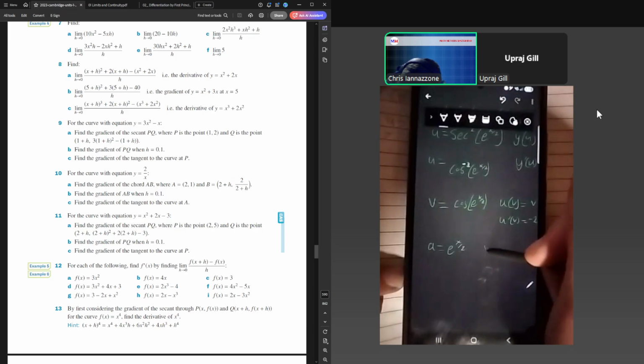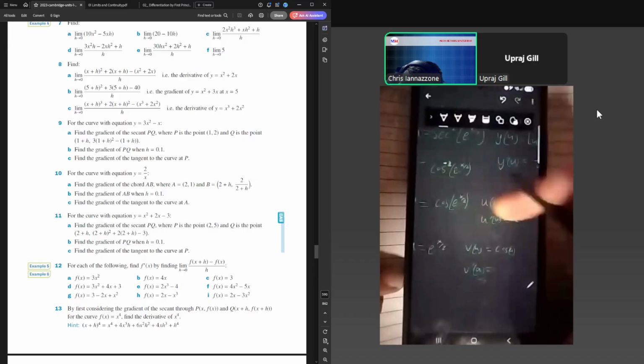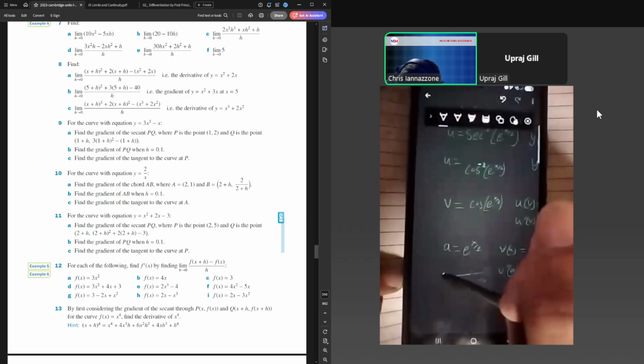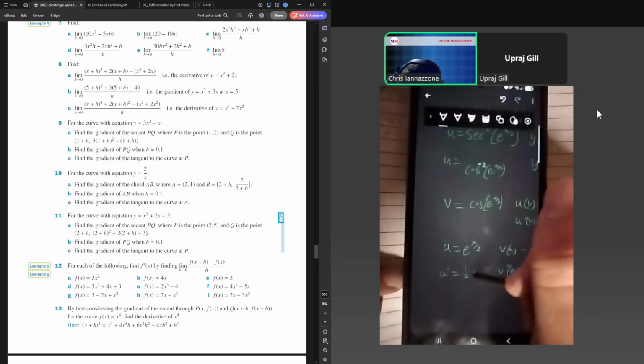And so v of a is therefore cos a. v dash a is equal to, so cos becomes negative sine a. And then this one's not bad at all. So a dash is equal to half e to the x on 2.